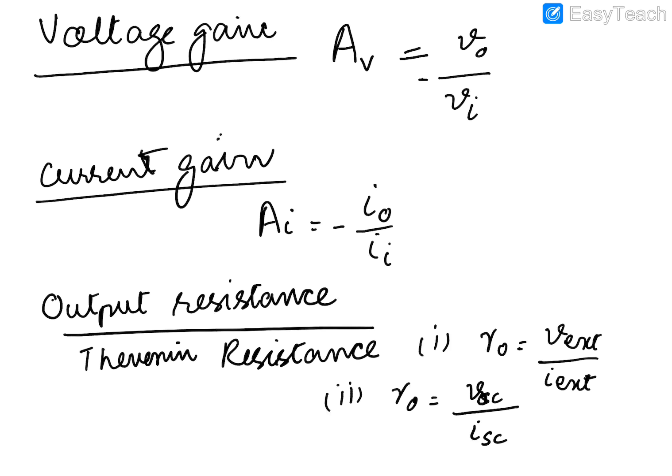So using these two methods, you can measure the Thevenin resistance at the output terminal, which is actually the output resistance of an amplifier. So the last characteristic of an amplifier is power gain.